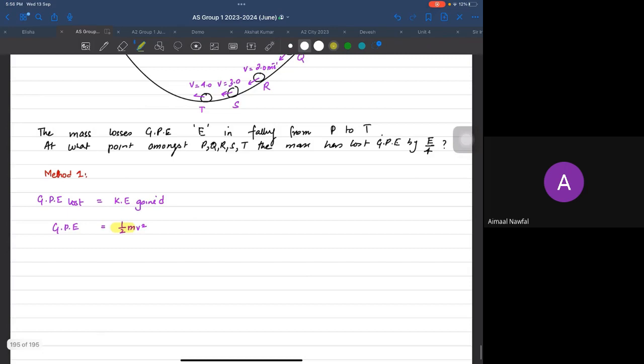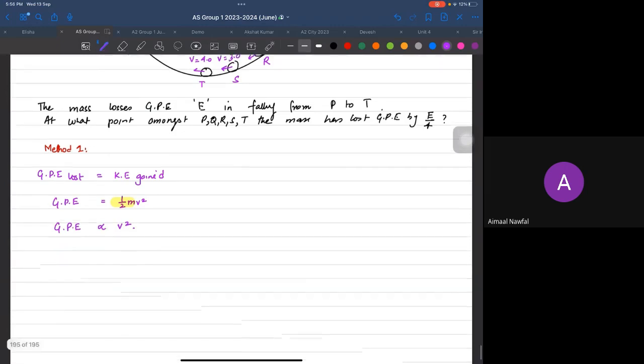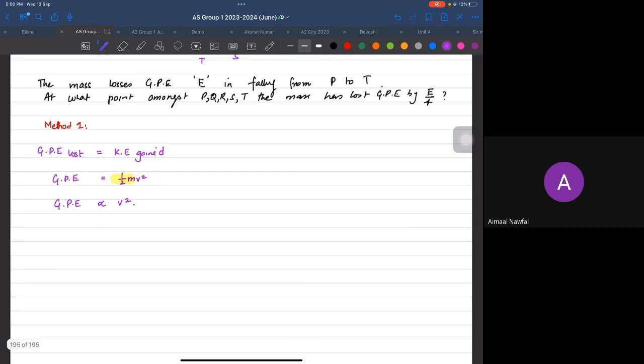So it means that we can build a relationship here, and the relationship would be that gravitational potential energy is proportional to v square, right? Whatever it is lost. So whenever a relationship is created, what you guys can do is simply write that gravitational potential energy at one point over gravitational potential energy at the second point will be equal to the velocity squared at the first point over velocity squared at the second point.